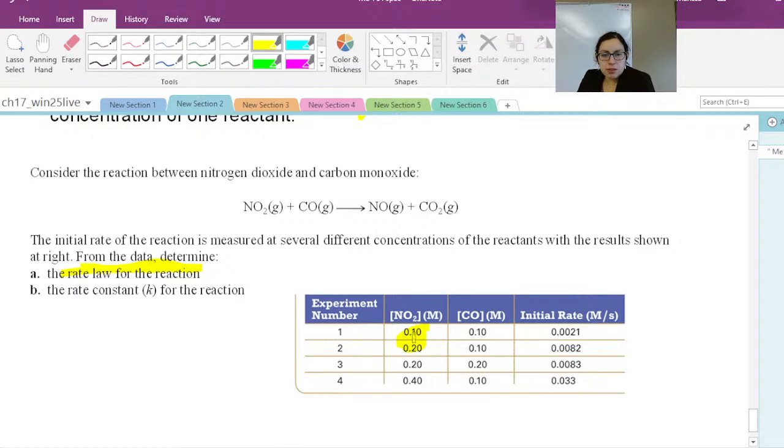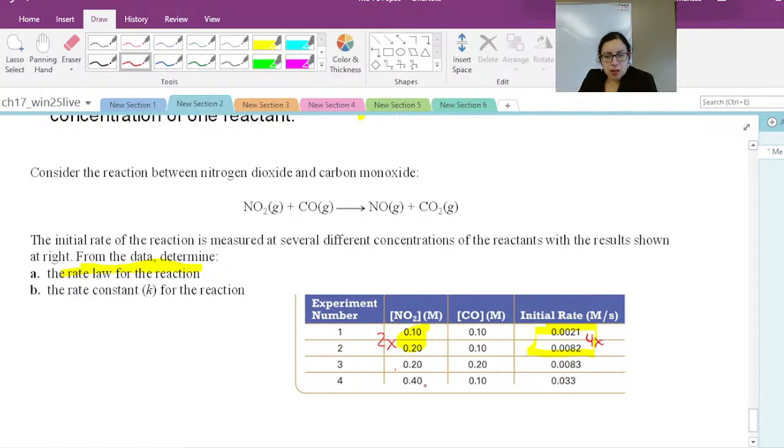You told us this doubles, and what did you say the rate does? It doubles as NO2 doubles. Does the rate double? Check the rate though, is that times 2 or times something else? It goes up by a square, so by 4. Between points 3 and 4, it goes up like 4.